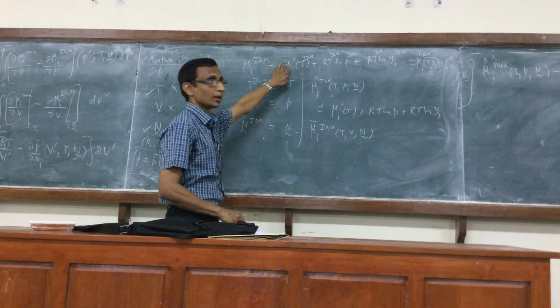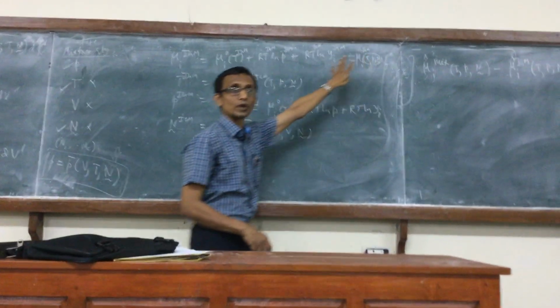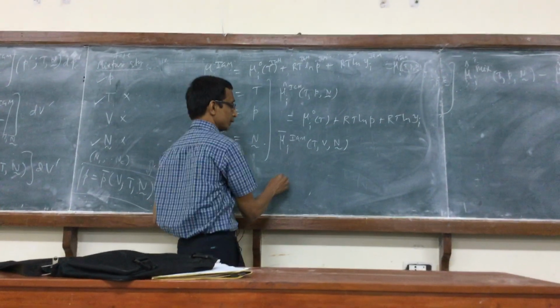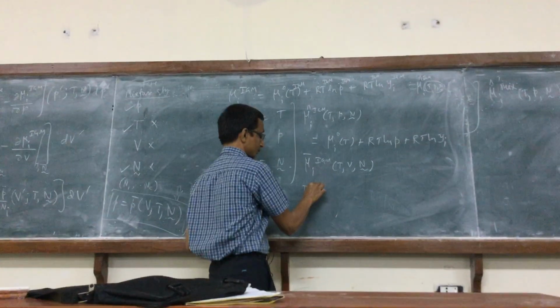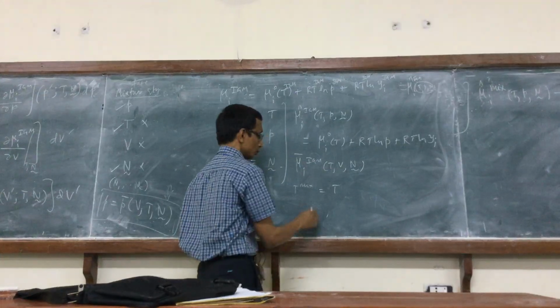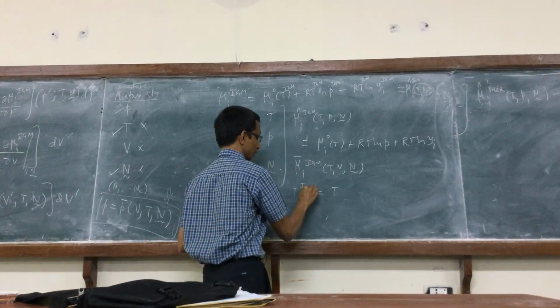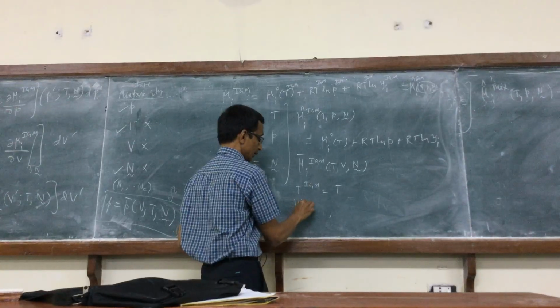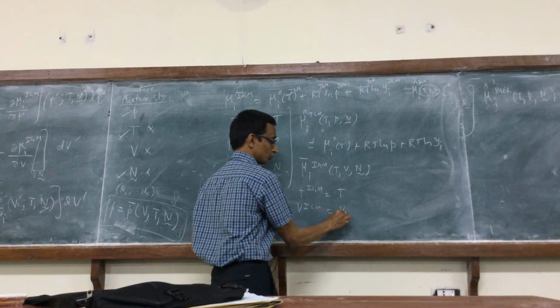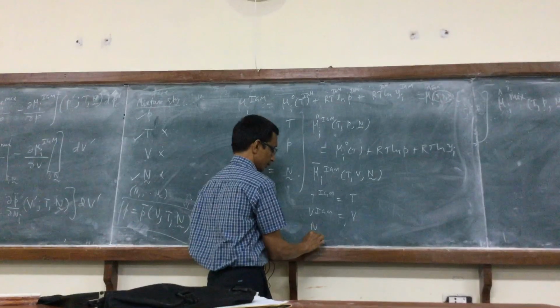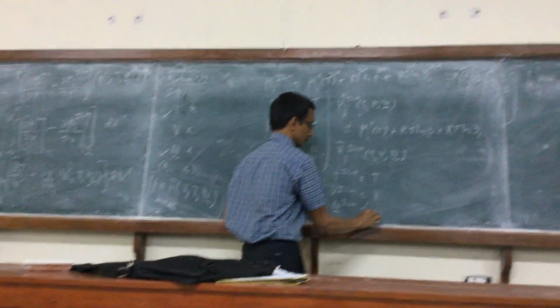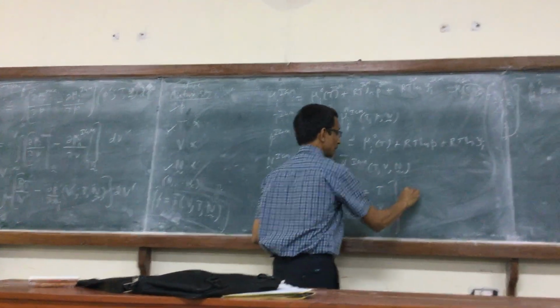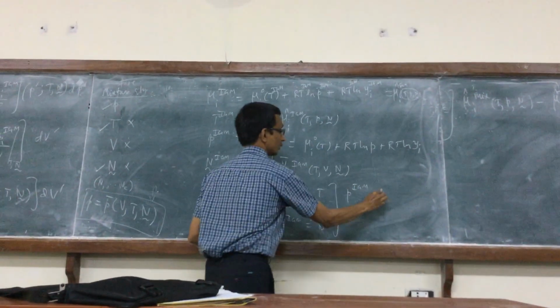I am given only the cap, so I am going to use that only. So now in this, T of the ideal gas mixture is equal to T, V of the ideal gas mixture is equal to V, and N of the ideal gas mixture is equal to N. So what is P of the ideal gas mixture equal to?